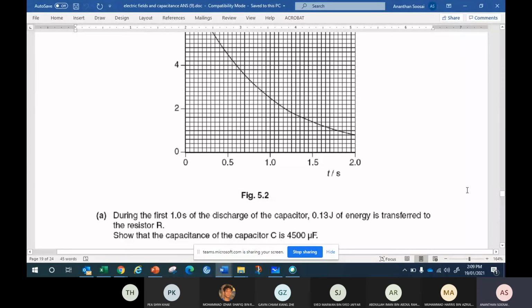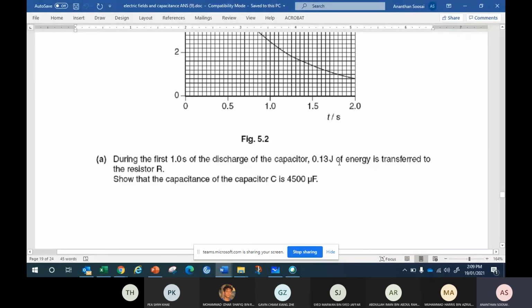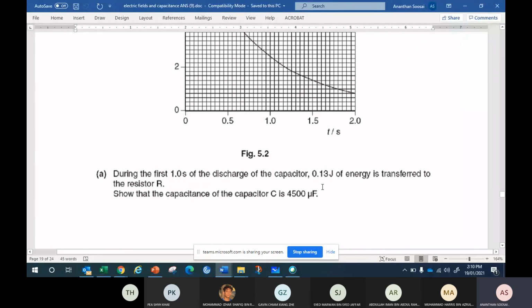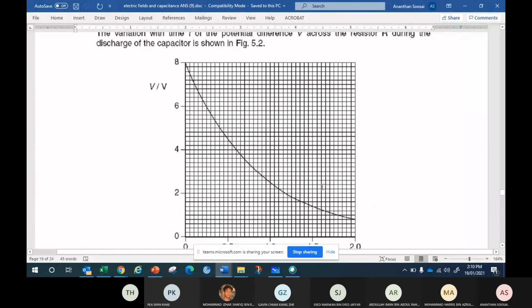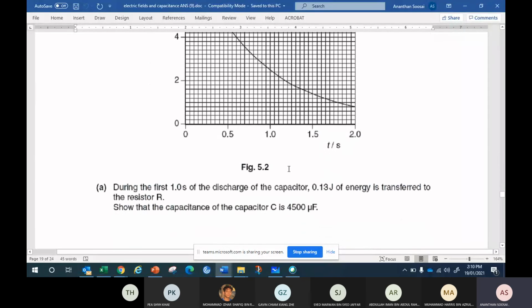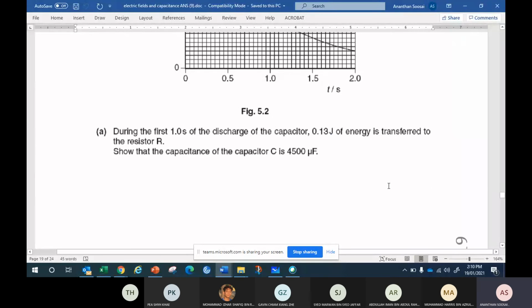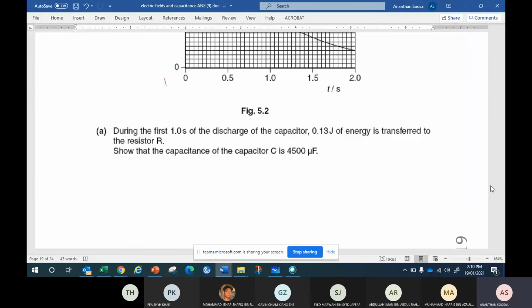Okay, how do you do this? At 1 second, the energy release is 0.13 joule of energy transferred. What is the capacitance of the capacitor? Anybody, what energy formula to be used?